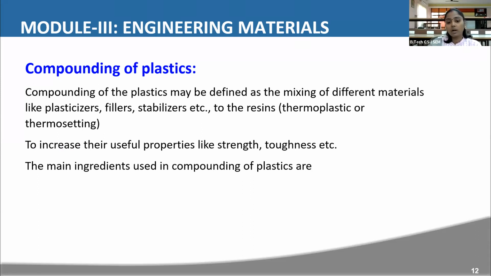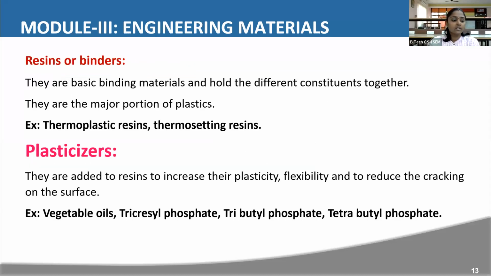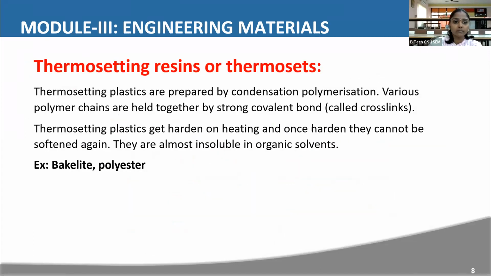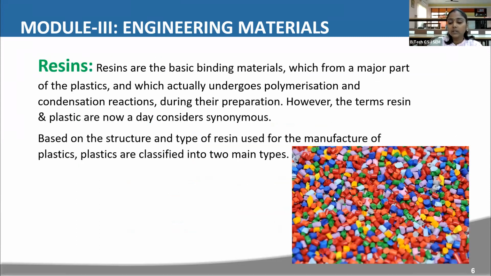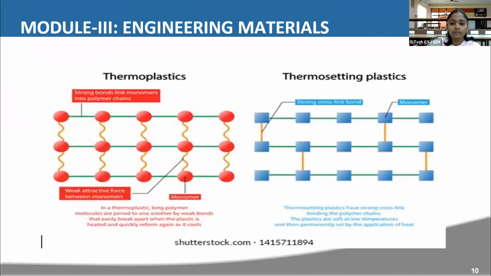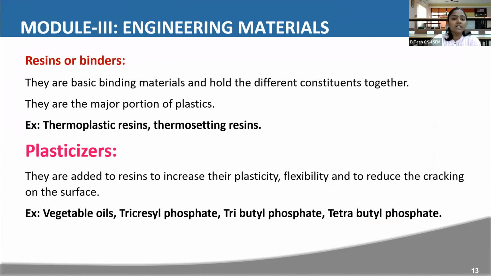First one is resins or binders. These resins are obtained naturally, from natural products. They are basic binding materials and hold different constituents together. They are a major portion of plastics. Examples are thermoplastic resins and thermosetting resins.